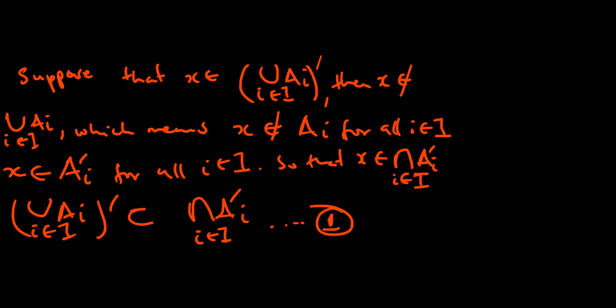Now, conversely, suppose we have that x is a member of the intersection. So we're starting from the intersection side, of the A_i complements.